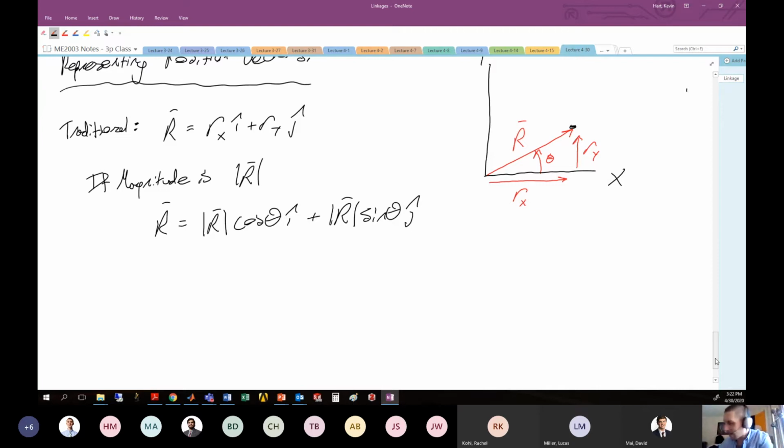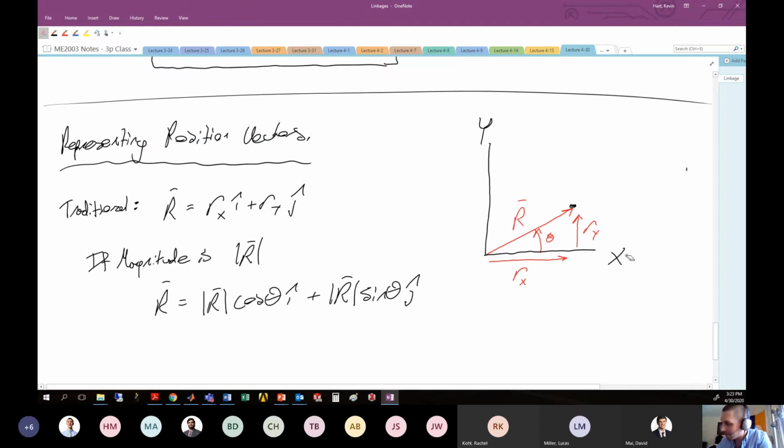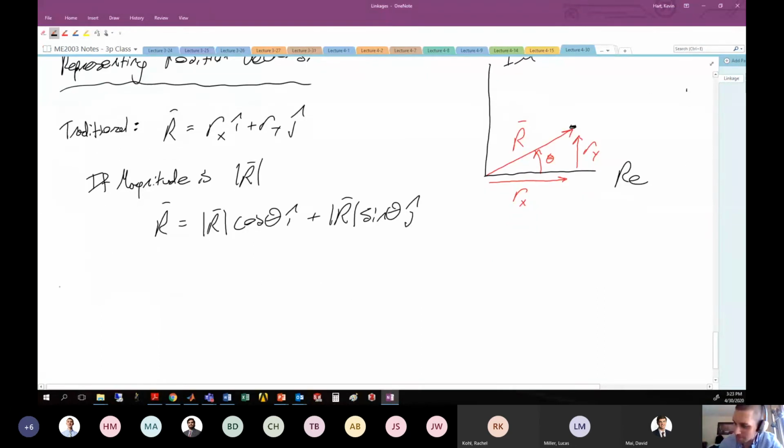Now, if we want to represent this in the complex plane, we can basically eliminate the x-axis and the y-axis and re-represent them as the real axis and the imaginary axis, where the unit vector defining the real axis is the value 1, and the unit vector defining the imaginary axis is the value j. So that's your traditional representation.